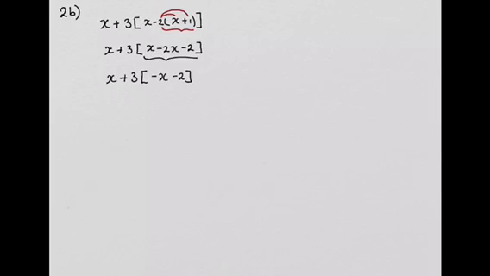Once again I distribute the positive 3 to everything on the inside, and that will give me x minus 3x minus 6. Combining like terms, we have minus 2x minus 6, and that is the final answer for part 2b.